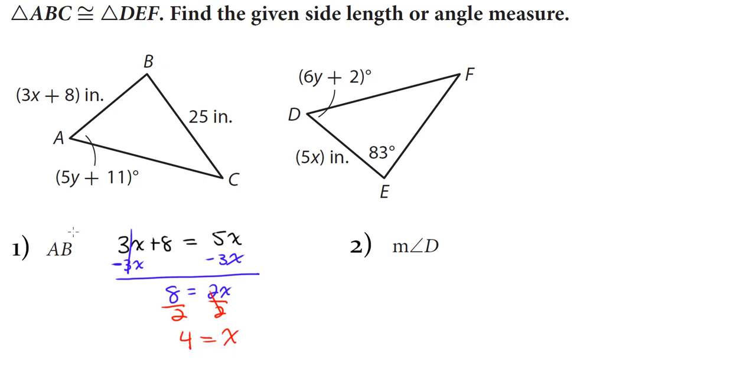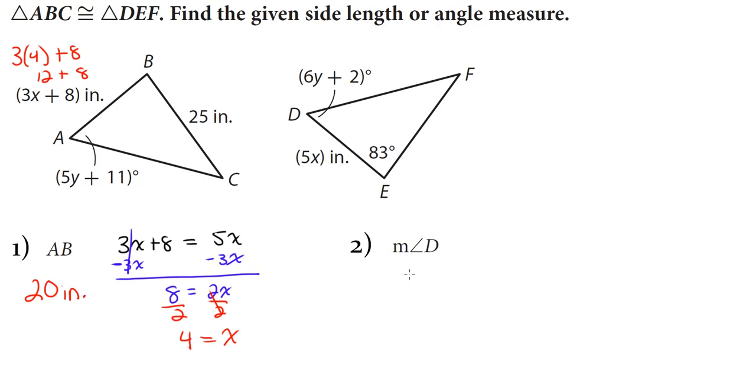But that's not enough because that's not the measure of this side. Now I need to plug that into here. So 3x plus 8, right? So if x is 4, this becomes 3 times 4 plus 8. 3 times 4 is 12. And 12 plus 8 is 20. So the measure of side AB is 20 inches.